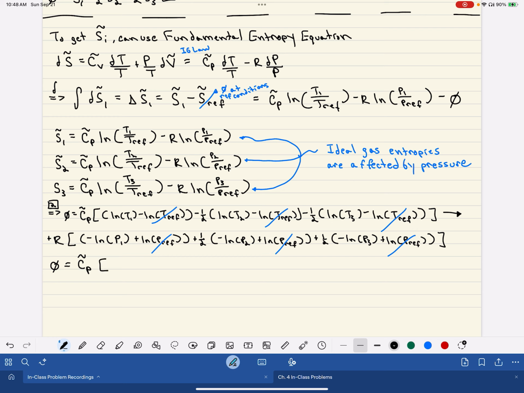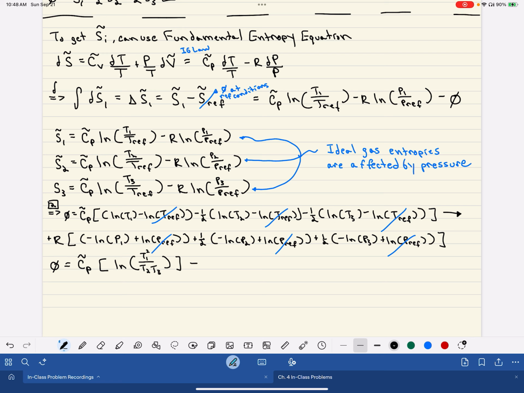And you'll get this: ln of T1/2 squared over T2, T3, or T1 squared. Okay, you know that.